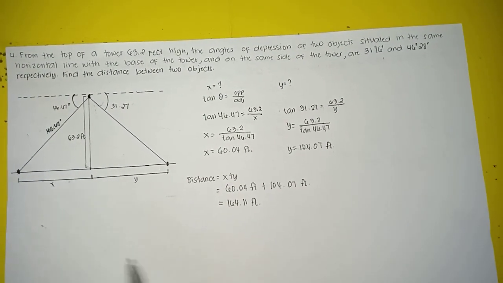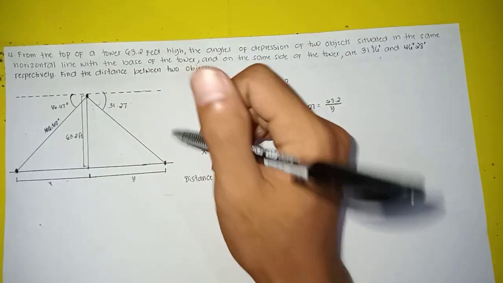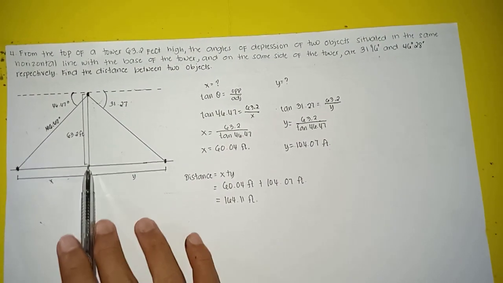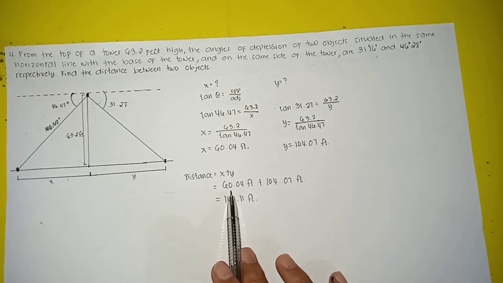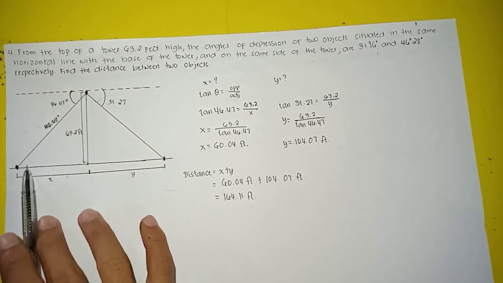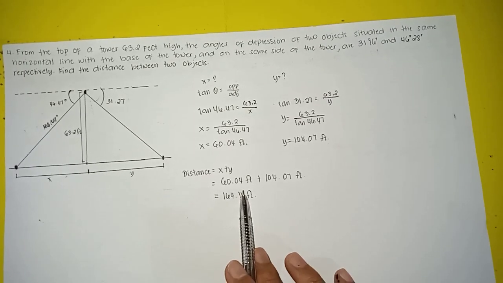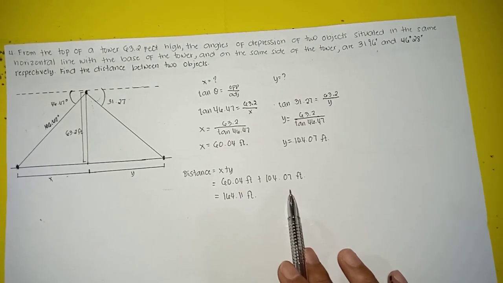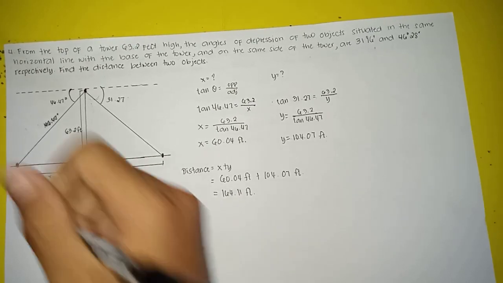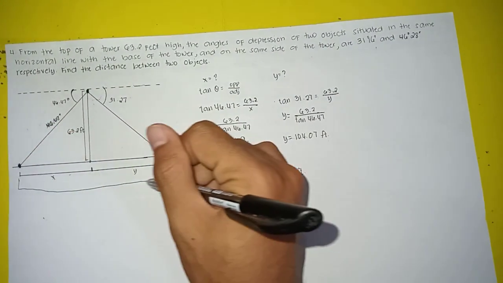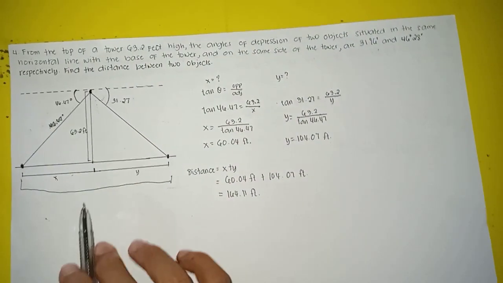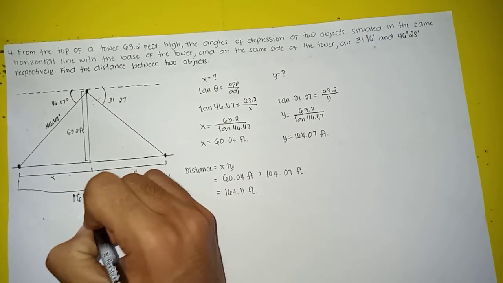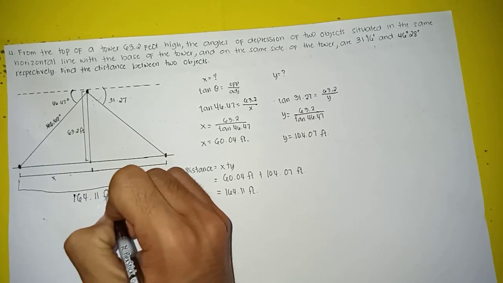So to find the distance of the two objects, we will add their distances from the center. So the distance of the first object from the center is 60.4 feet, and the distance of the second object from the center is 104.7 feet. So the distance of the two objects from each other is 164.11 feet.